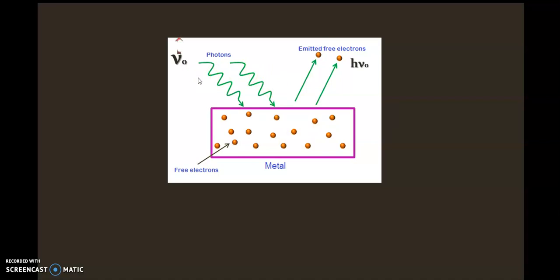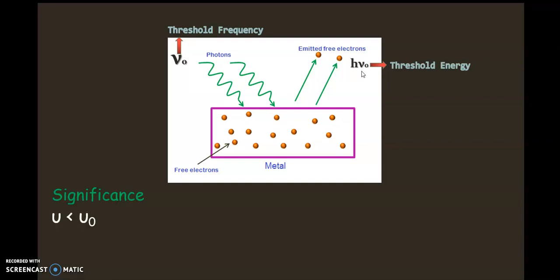The minimum frequency of the light to eject an electron is called threshold frequency, and the corresponding minimum energy is the threshold energy. If the frequency of light is less than the threshold frequency, there will be no ejection of electrons.